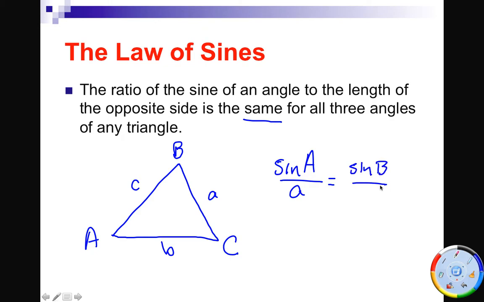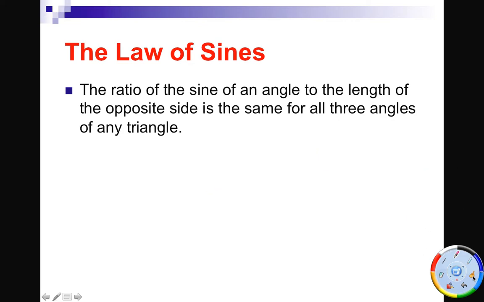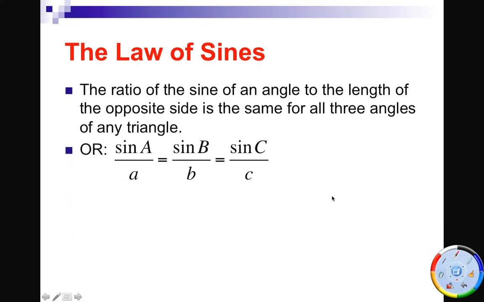So we have sine of B and little b, and sine of C and little c. And that actually is our formula. So we have the sine of A over a is equal to the sine of B over b and the sine of C over c.